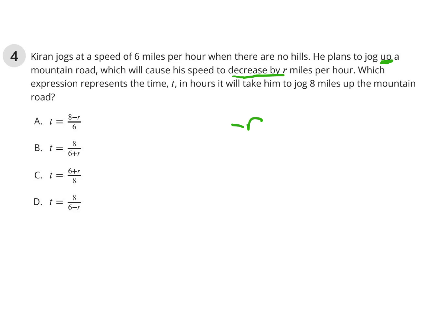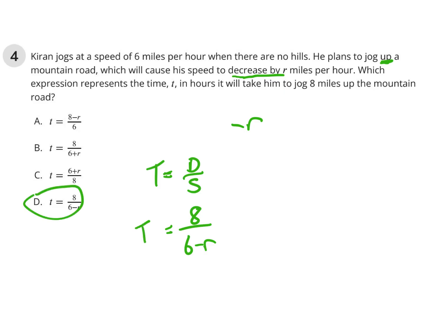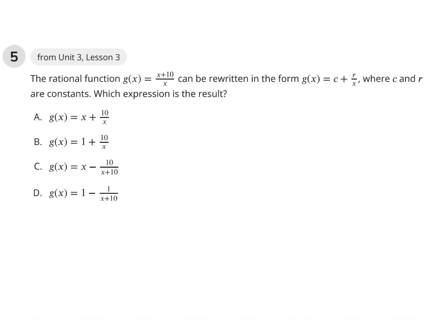We know that time is distance divided by speed. Our distance is 8. Our speed is 6 minus r, and that equals d. That's the best answer.